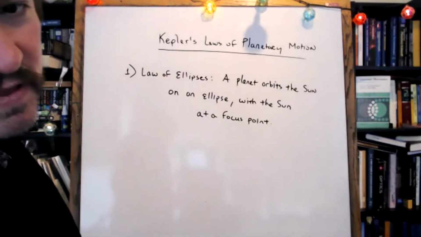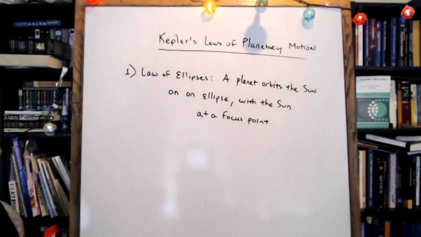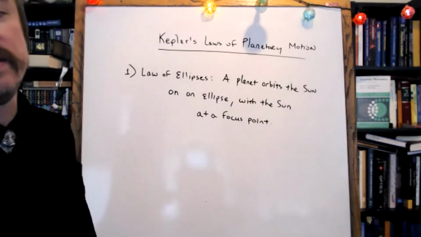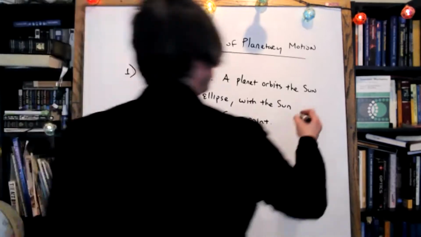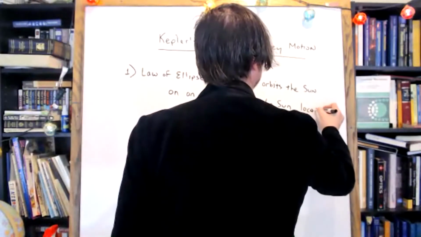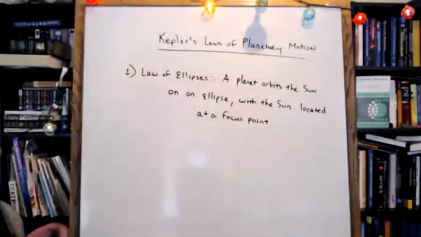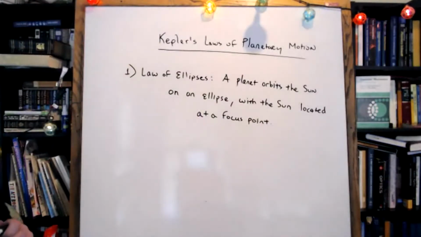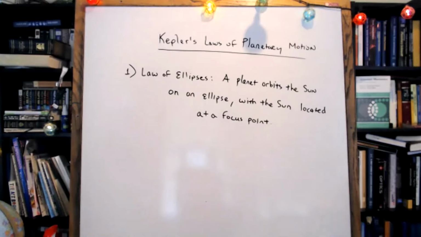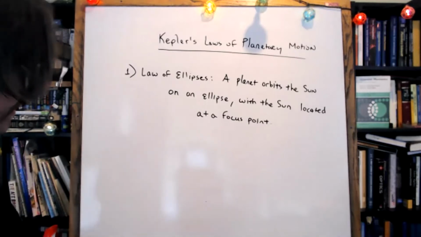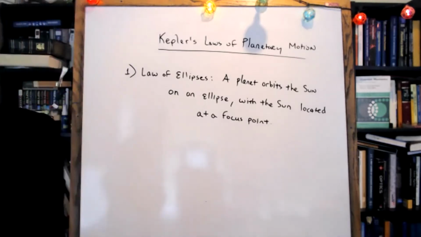A planet orbits the sun on an ellipse with the sun located at a focus point. I can throw that in there. I can feel the water returning to my brain.